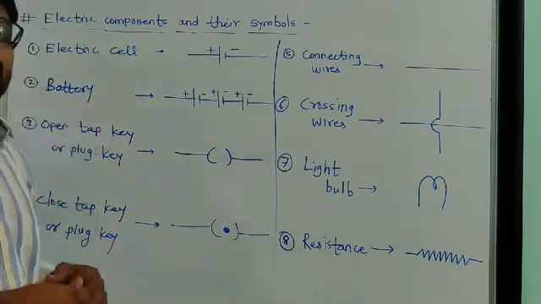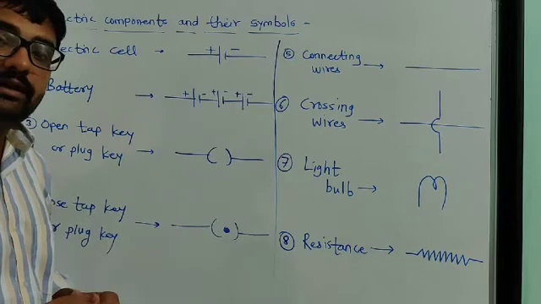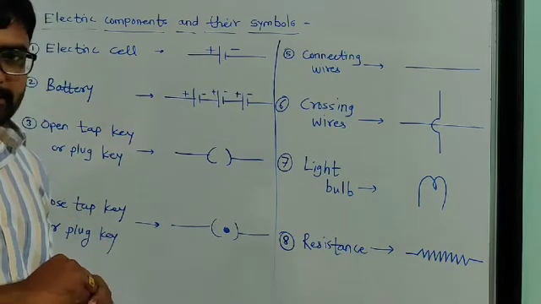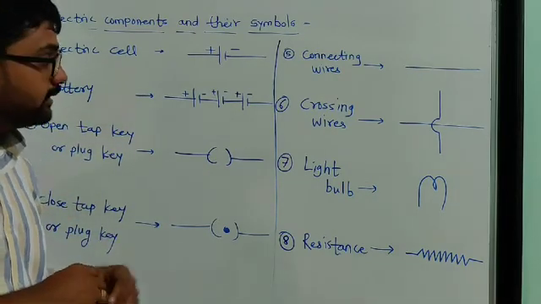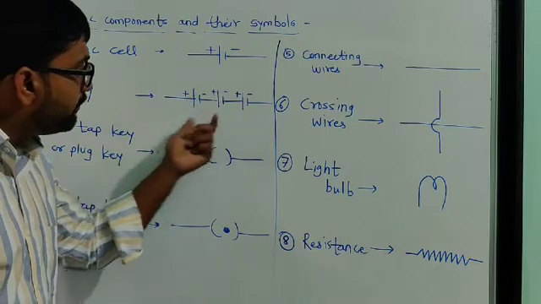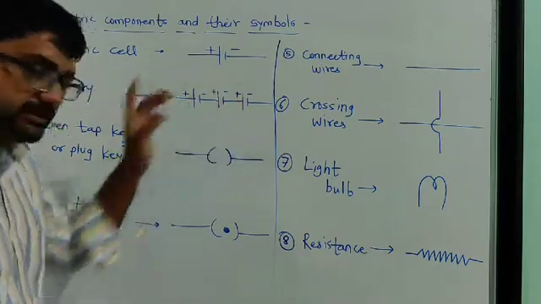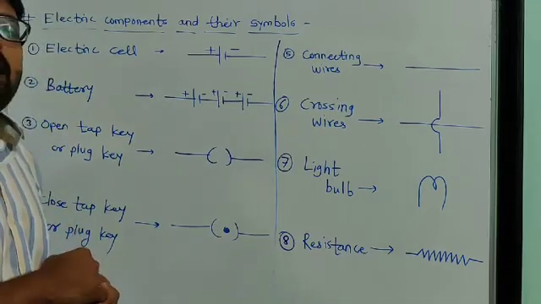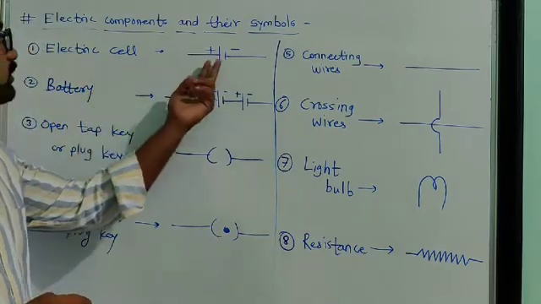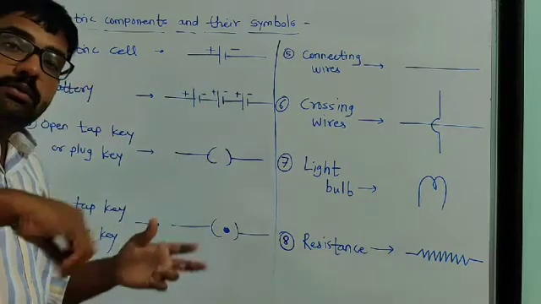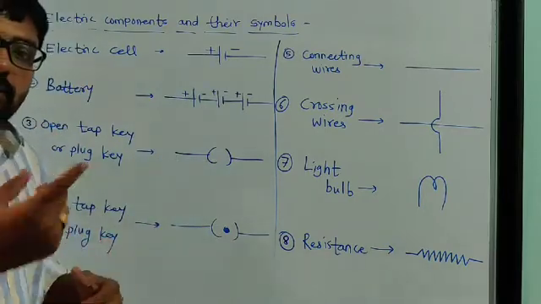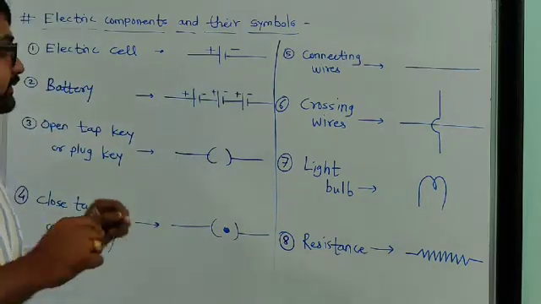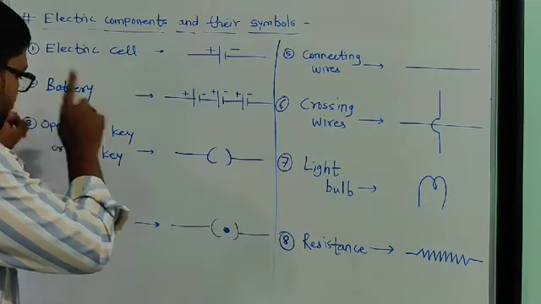If you see a radio, we need 3-4 cells. Lots of cells are combined with each other in this way, so 2 or more cells are combined with each other. If 2 or more electric cells are combined with each other, then that is called an electrical battery.